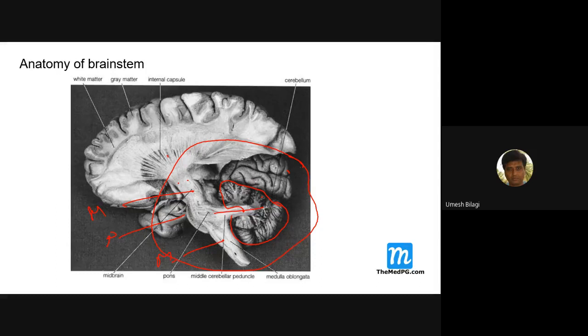This is a connection between the cerebellum and the pons. There are three peduncles coming, one from each. Just remember, the posterior part of the brainstem is covered by cerebellum. That's something you have to know from this diagram.